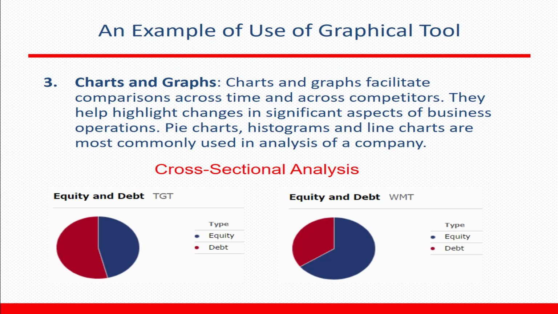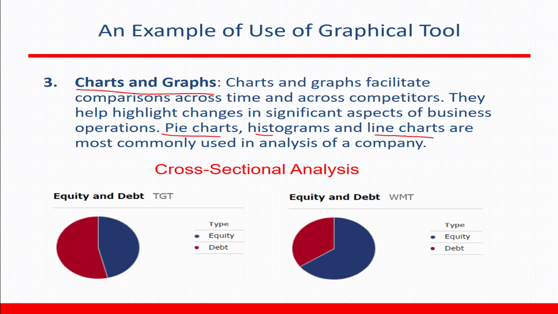The final tool we have is charts and graphs. And you are familiar with this kind of tools because we have been using them all the time, right? So we can also use a pie chart, histogram, and line chart in order to compare between different companies, or also use this kind of graph to compare the performance of the business over time.